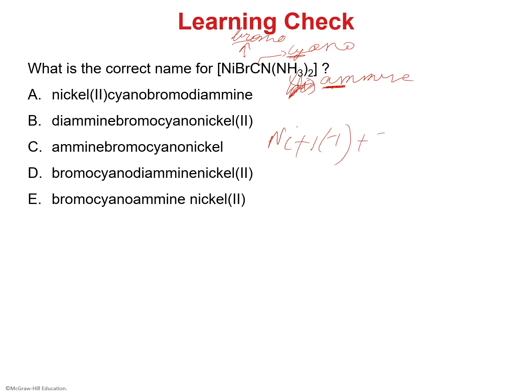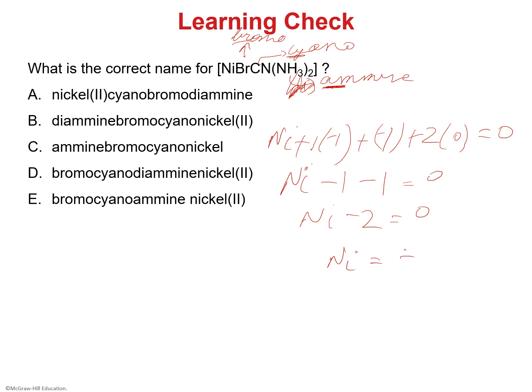Cyanide is also 1, so I have 1 times -1. And ammonia is neutral, so it's 0, equal 0. Why? Because total charge is 0. So nickel - 1 - 1 equals 0. So nickel - 2 equals 0. So nickel is +2. So that is correct. I'm thinking the correct answer is B, which is diamminebromocyanonickel.